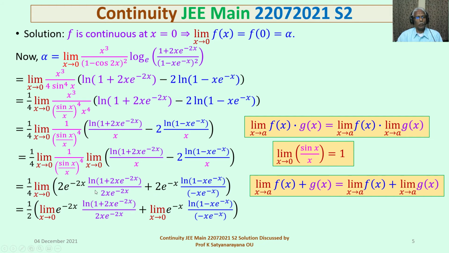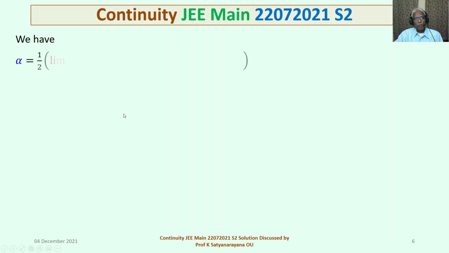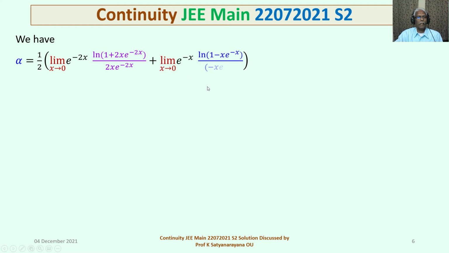In the numerator 2 is there, that 2 cancels with the 2 in the denominator. 1 by 2 times limit of the first plus limit of the second. So we carry forward. We have this one from the last slide.